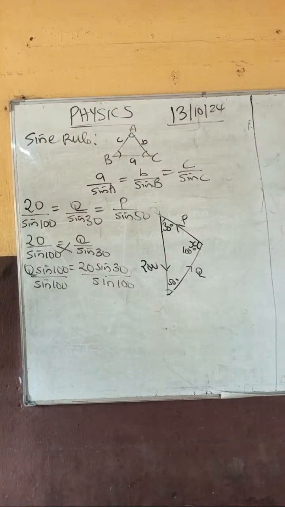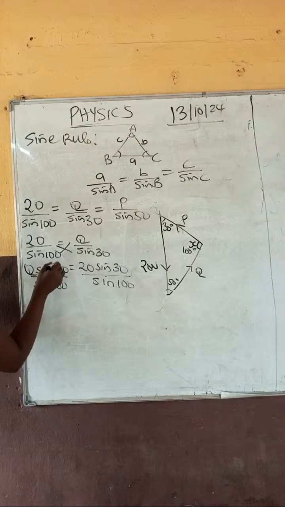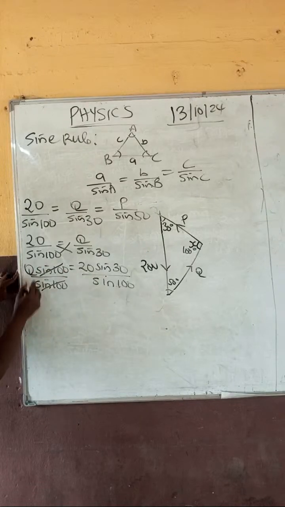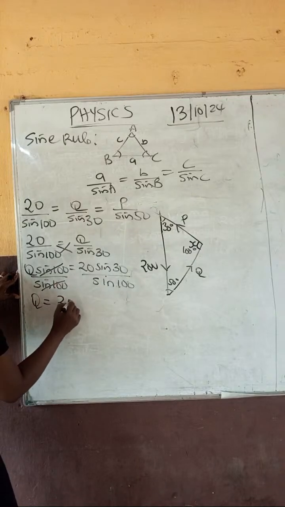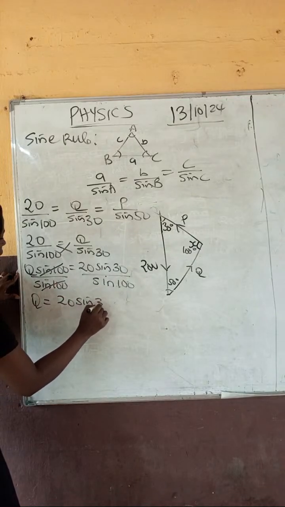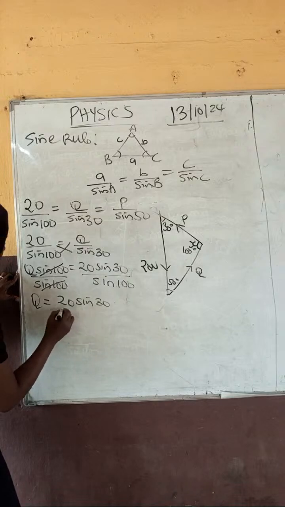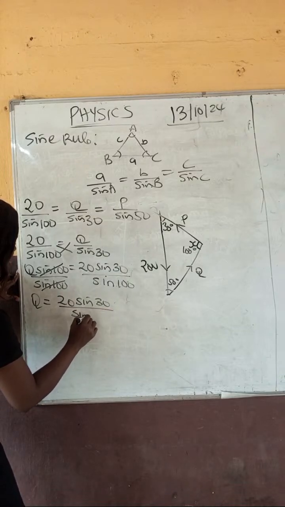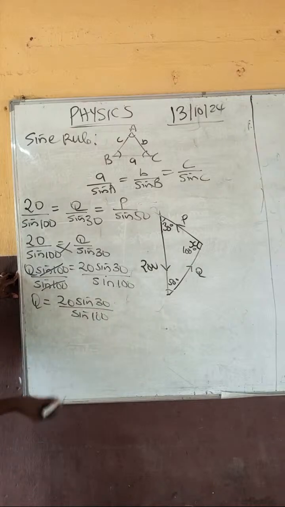So what do I have? Sine 100 cancels sine 100. I'm left with Q is equal to 20 sine 30 divided by sine 100.